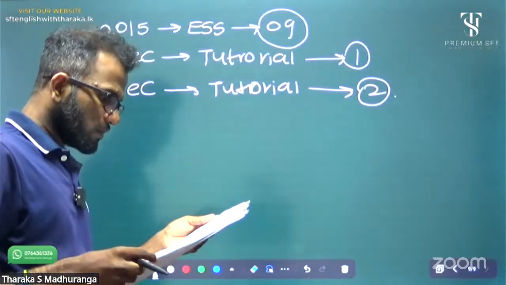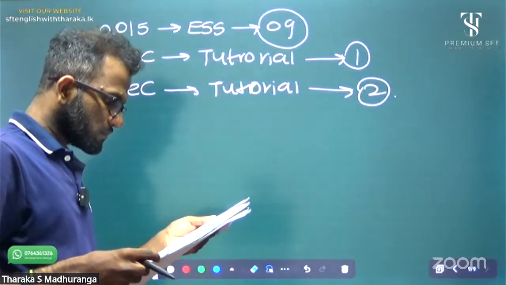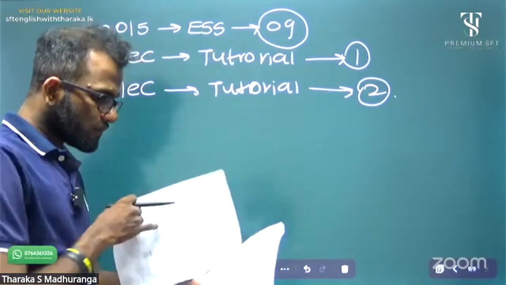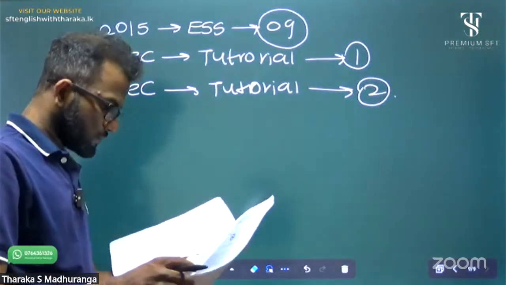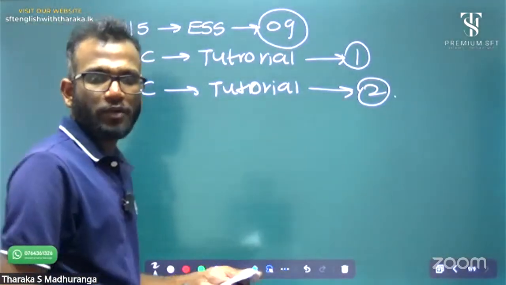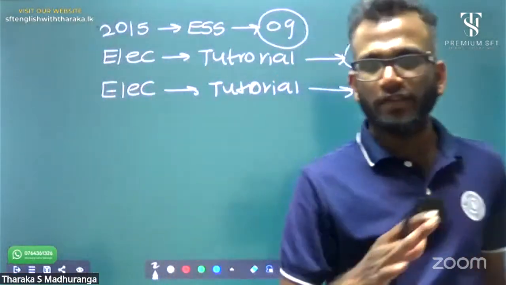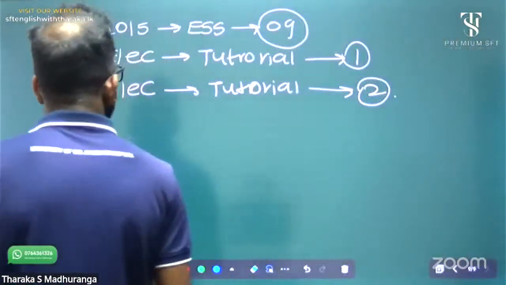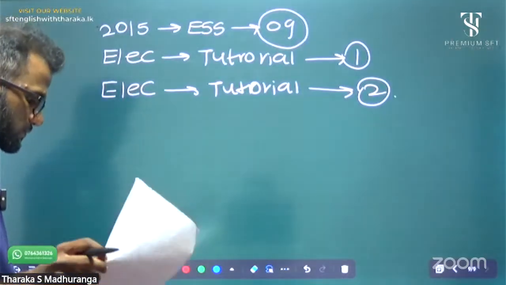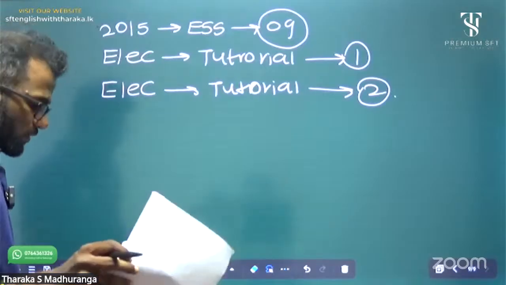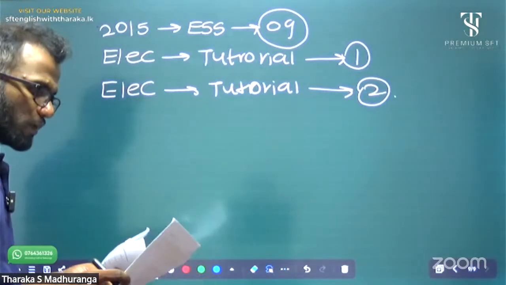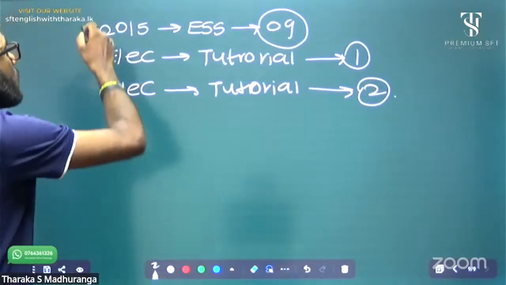Finally, electricity tutorial number 3. You have more than 200 questions actually. You have two days after Friday. You can go to tutorial number 3. Okay, they are the task.